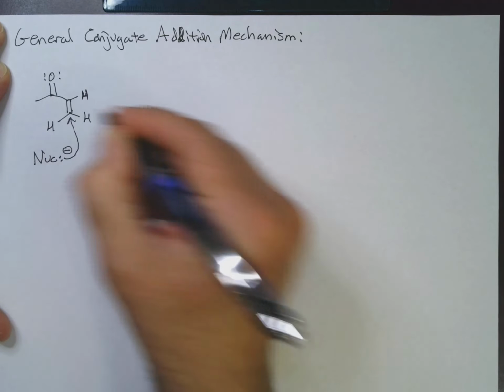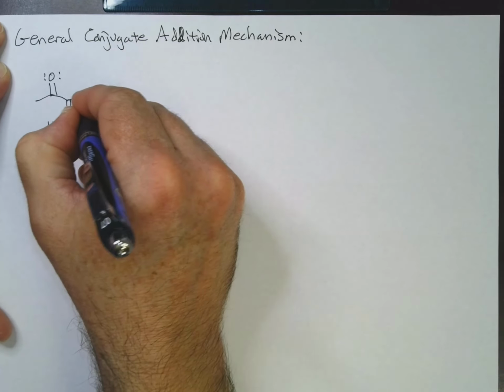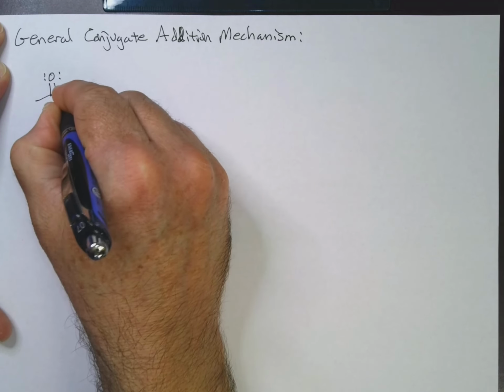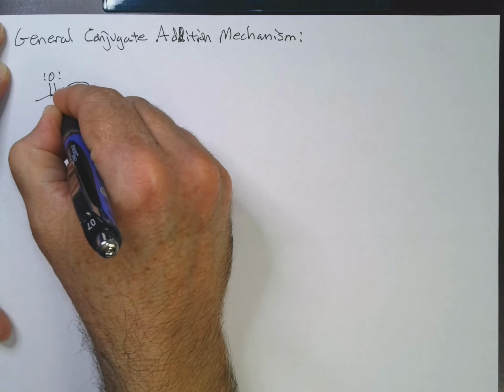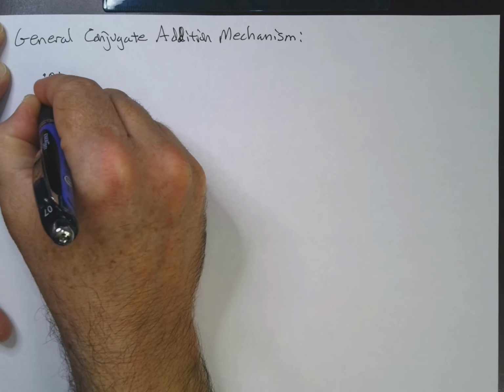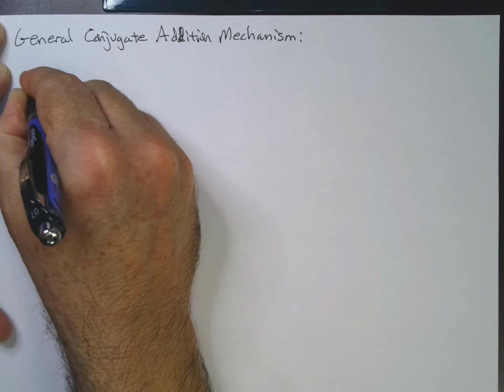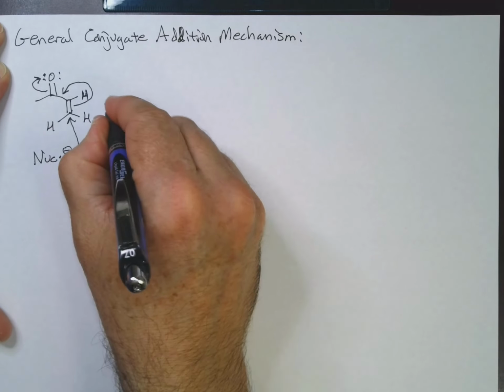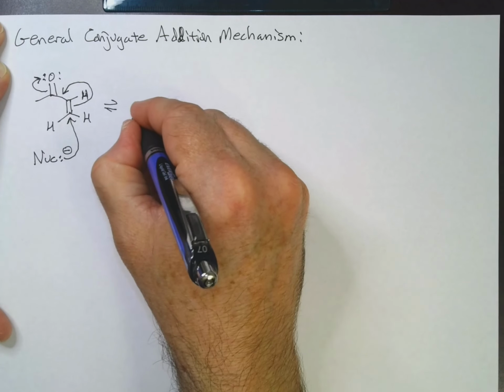And we get attack on the beta carbon. The electrons from that double bond get pushed up to the next bond over, and in turn, we get the electrons on the carbon-oxygen double bond pushed up onto the oxygen. So that now gives us the following.